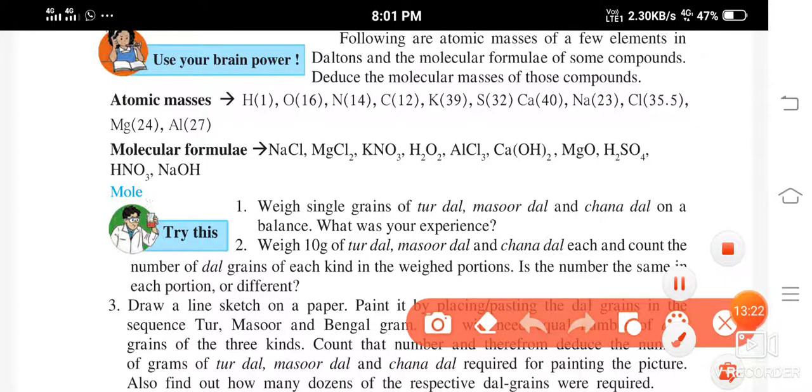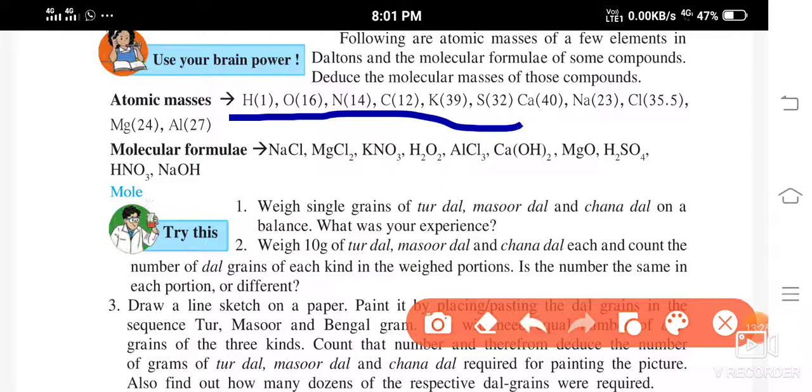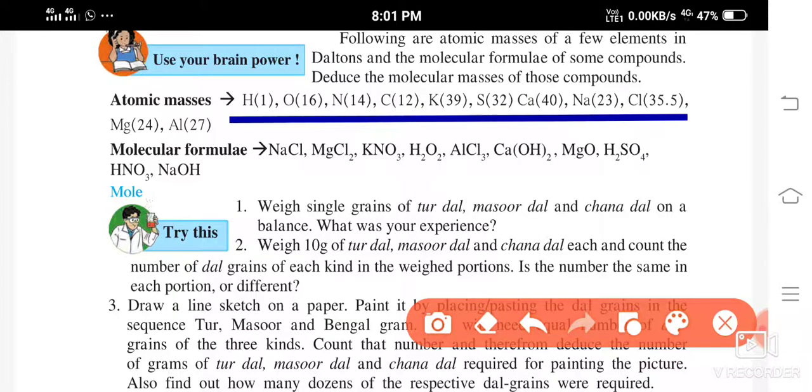Atomic mass of all the elements is given here: hydrogen is 1, oxygen is 16, nitrogen 14, carbon 12, potassium 39, sulfur 32, calcium 40, sodium 23, chlorine 35.5, magnesium 24 and aluminium 27.